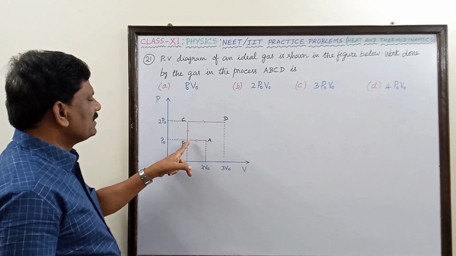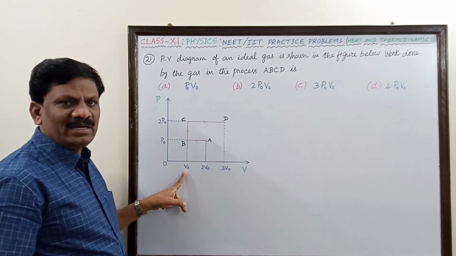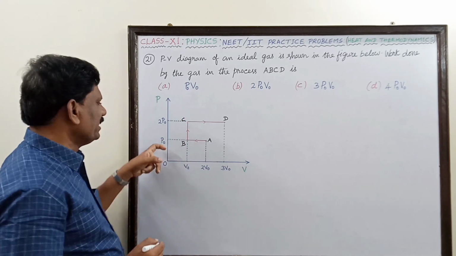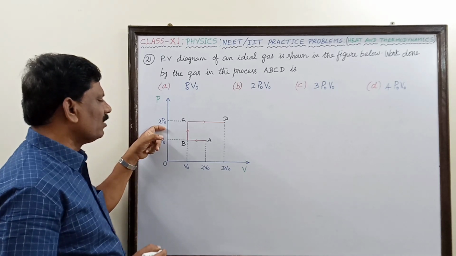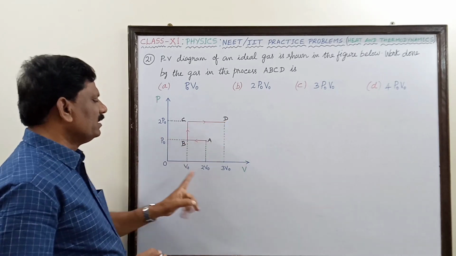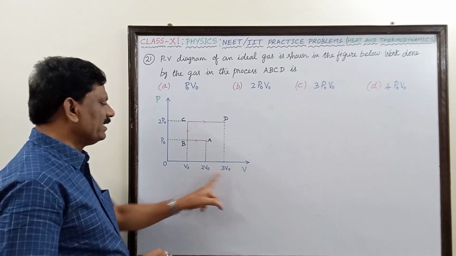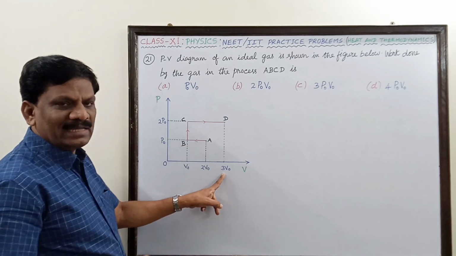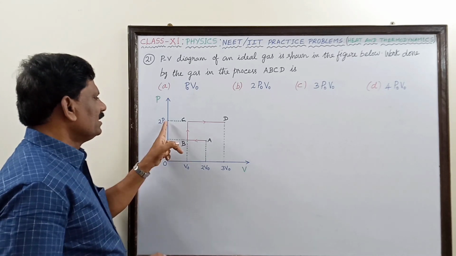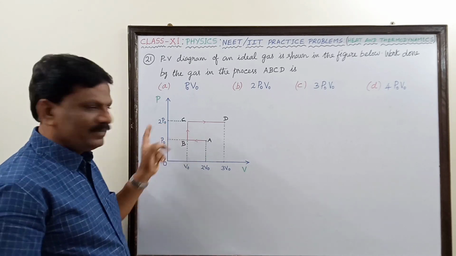Next, from B to C, the volume V0 remains constant. The pressure increases from P0 to 2P0. Then from C to D, the volume increases from V0 to 3V0. The increase in volume means the gas expands at a constant pressure 2P0.